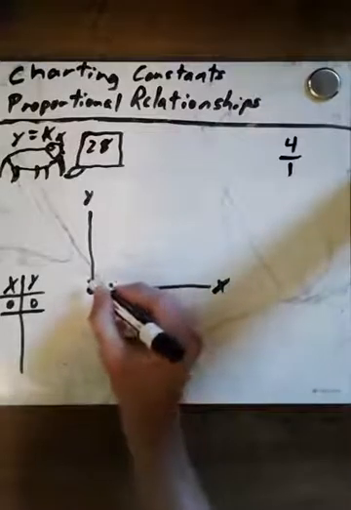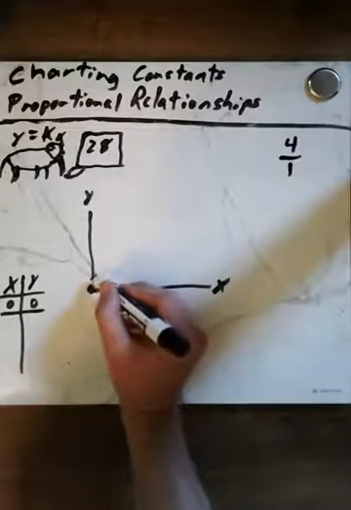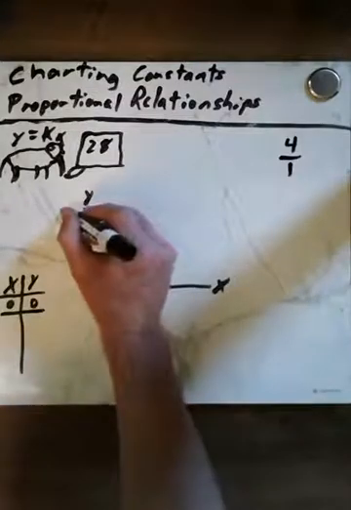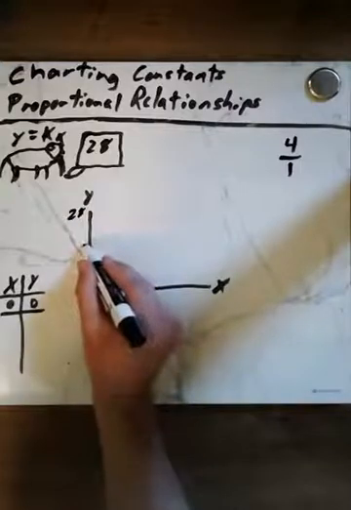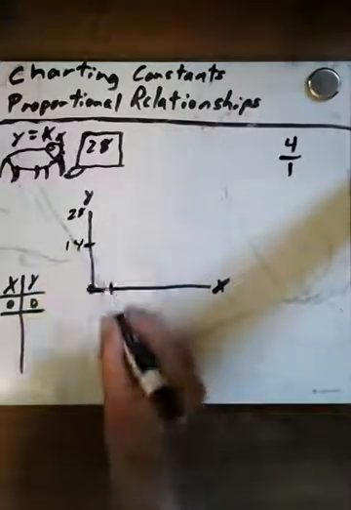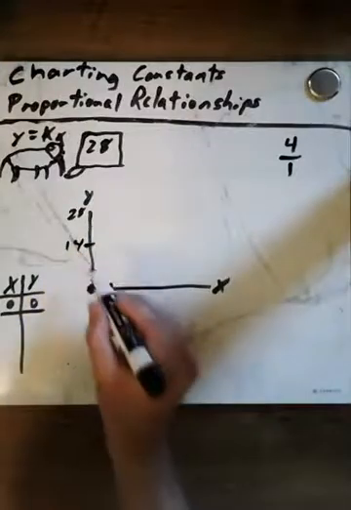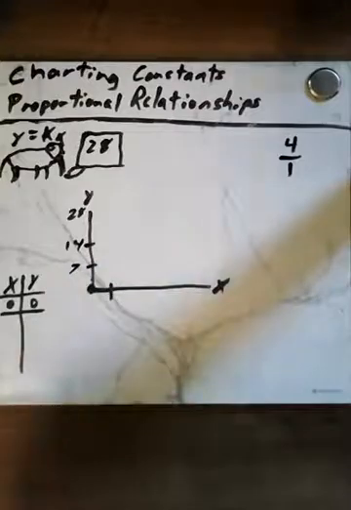Let's see, and it tops out at 28. So half of that would be 14, and half of that, 7. I'm sort of trying to draw this to scale, but we're just going to do it roughly.